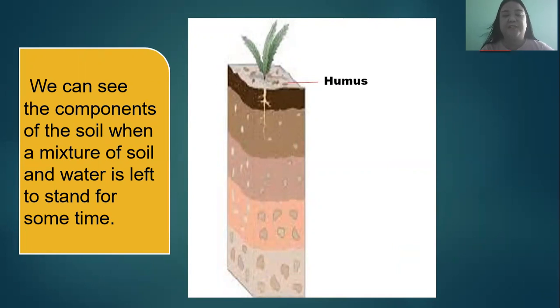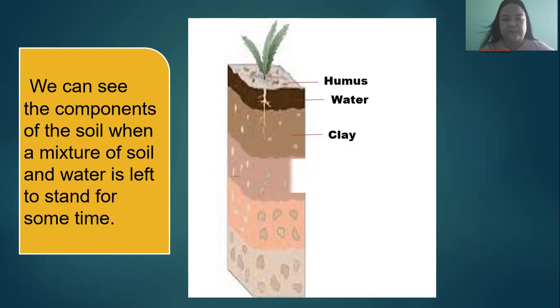Humus is the kind of soil that has dead plants and animals that becomes rich and good for plants. Next layer is water. So, as you can see, it's getting wet. The next layer is clay. When we say clay, this is the wet soil.